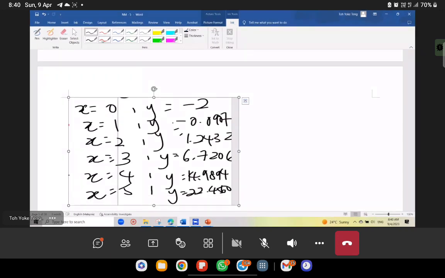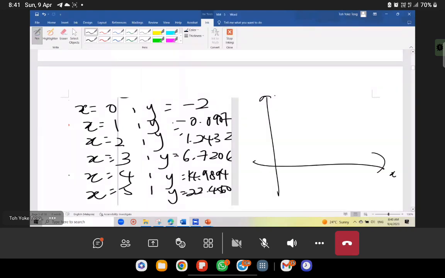Okay, so based on the values here, we draw the graph x, y, and then when x equals 0, this one is -2. And then, just draw the scale here logically. When x is 1, maybe negative point something.